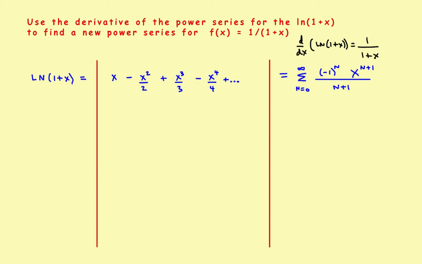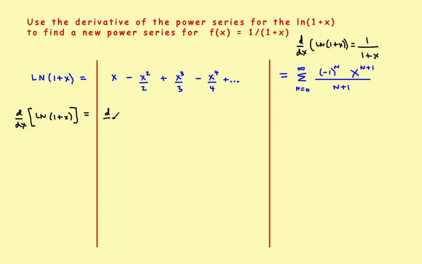So to begin with, just to write it down, what we want is the derivative of this thing. So we want to find the derivative with respect to x of the natural log of 1 plus x. So if we're going to find the derivative of the function, all you do is find the derivative of the power series.